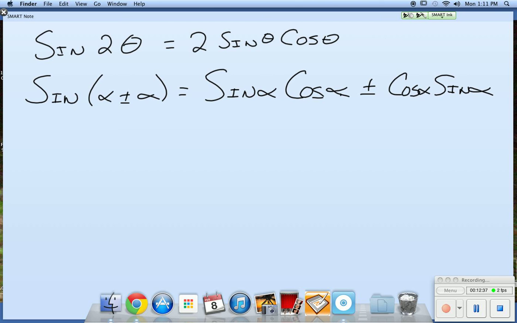I can't really subtract these two because then they'd go away, so the subtraction goes away on this. It'd just be 0. So it'd be like adding them, right? What's this? 2 sine of alpha, cosine alpha. That's how you get your double angle.